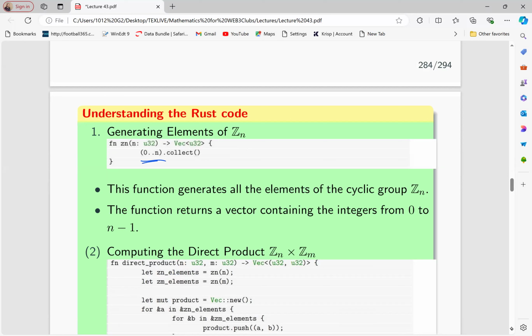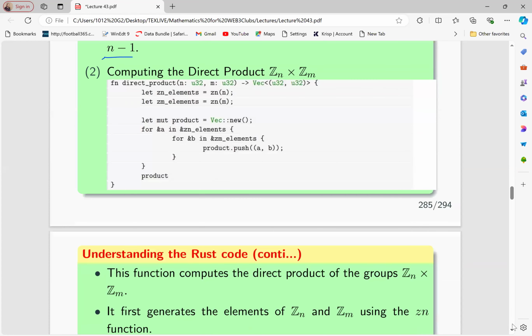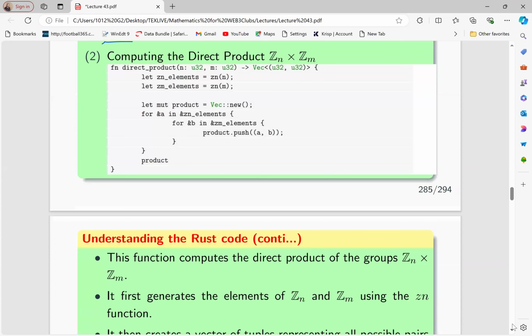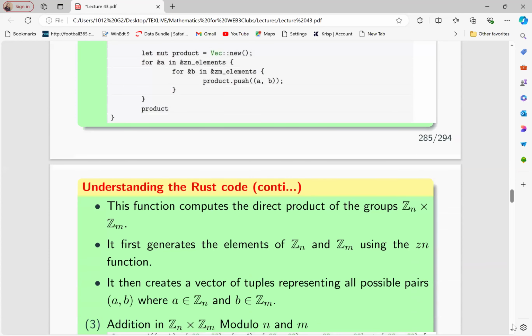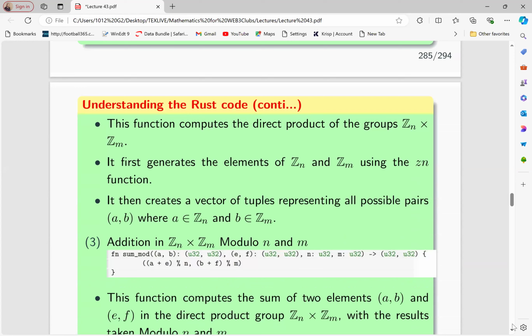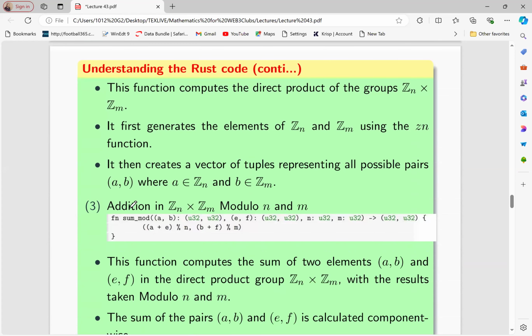It means it's going to generate elements 0, 1, 2, 3, up to n minus 1. Then this other part is to compute the direct product. And I've already explained that. And then addition, I've already explained that.